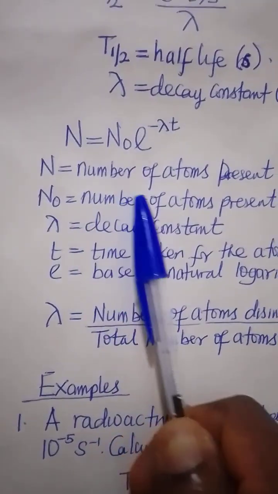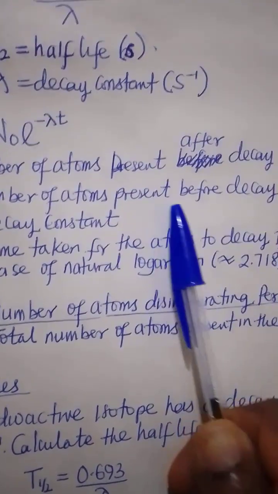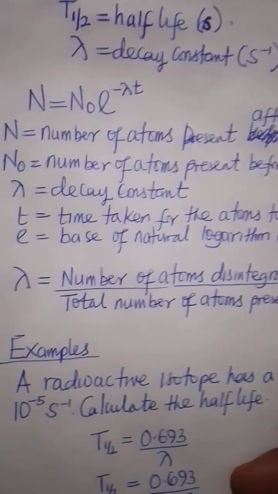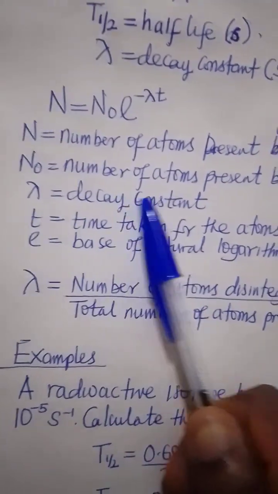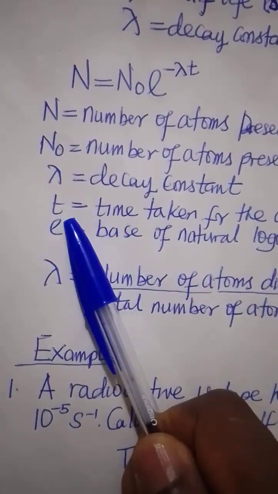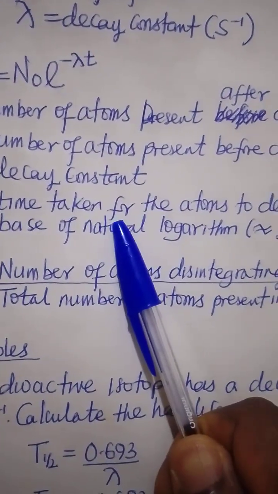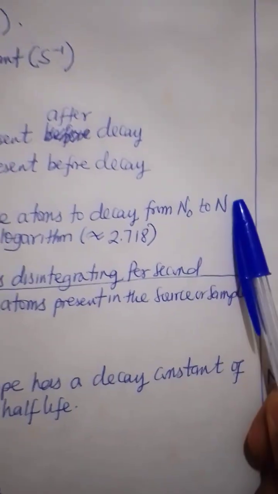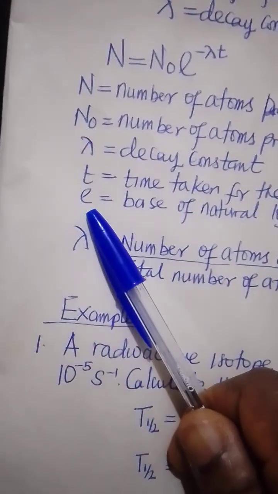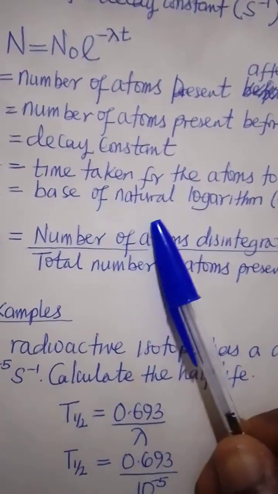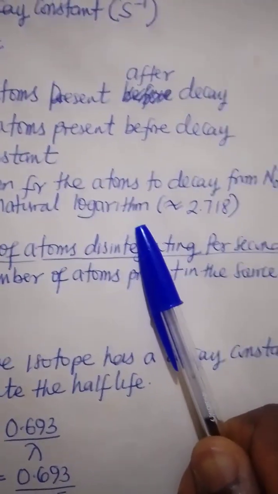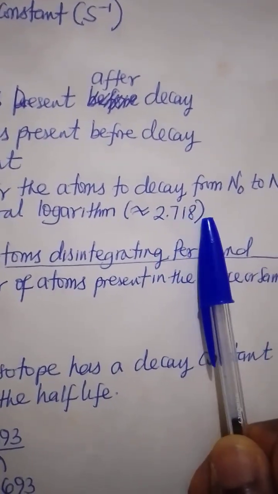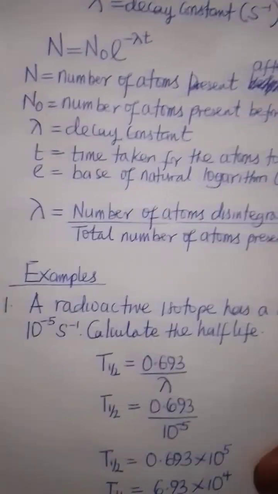N0 is the number of atoms present before decay, that is the original number of atoms present. Lambda there is decay constant. T is the time taken for the atoms to decay from N0 to N. E is the base of natural logarithm, and it has a value of 2.718.